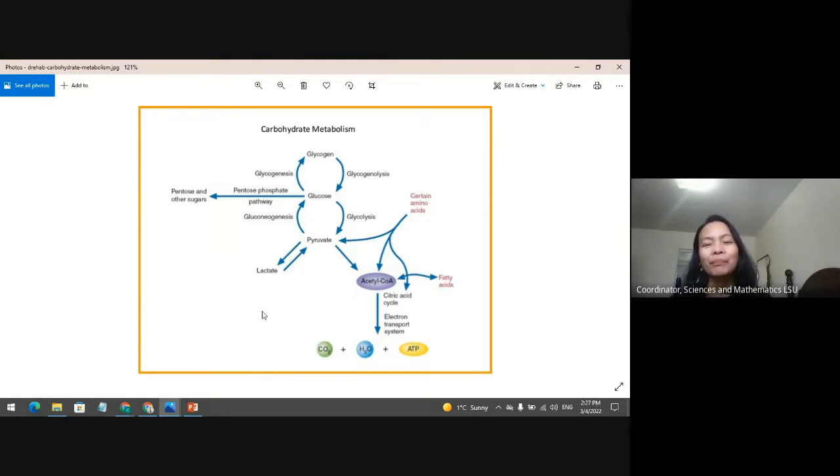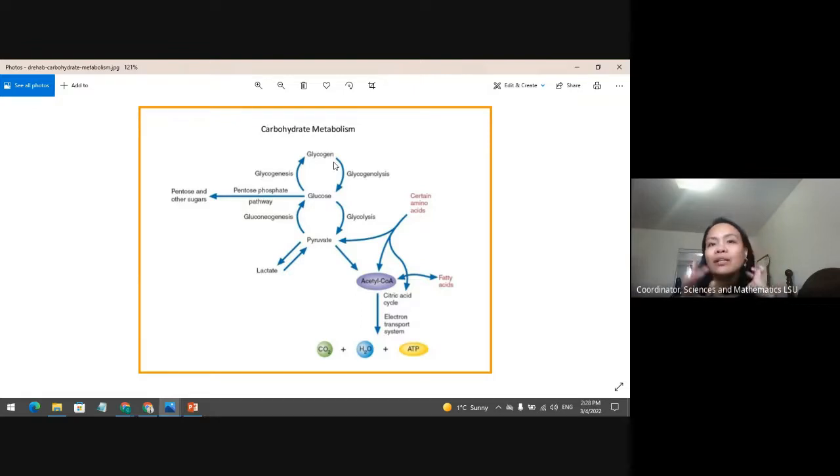If glucose is not used, it will be temporarily stored as glycogen, and we call that process glycogenesis. Meaning we are turning glucose and storing it into glycogen.